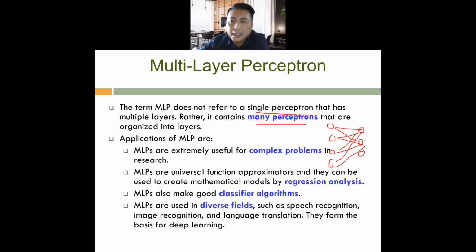So basically they are divided into layers of perceptrons. MLPs are extremely useful for complex problems. They make good classifiers. They can be used for speech recognition, image recognition, and language translation. They can also be used for creating mathematical models by regression analysis.